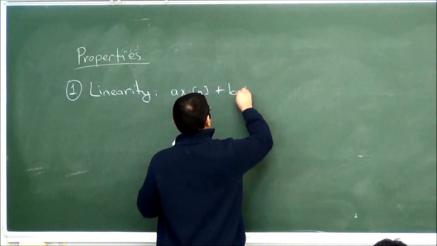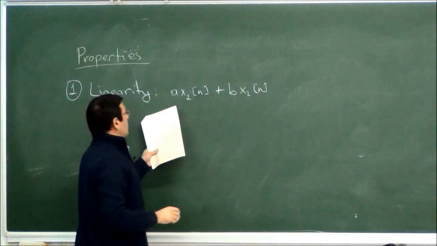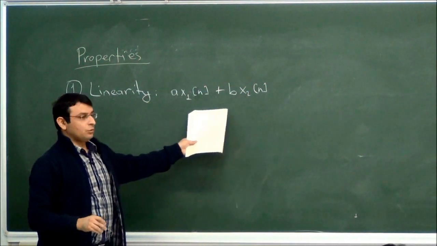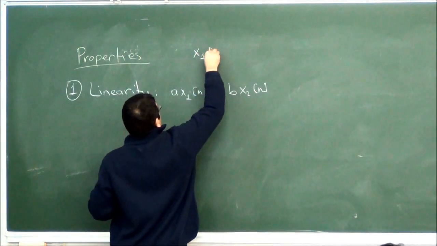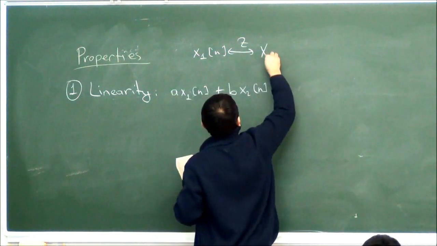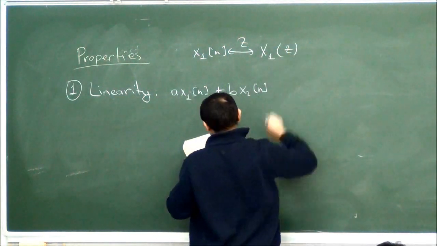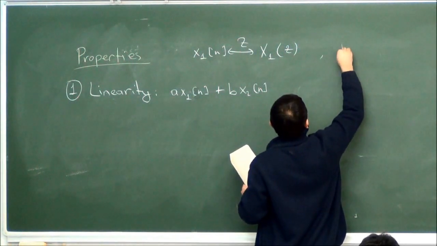Since this is a discrete sequence, let's say you have two sequences, x1[n] and x2[n]. The Z transform of x1[n] is X1(z), and it is given. What about the region of convergence?